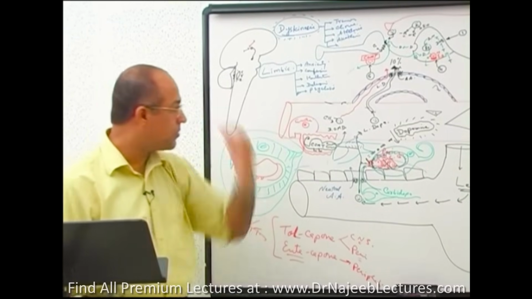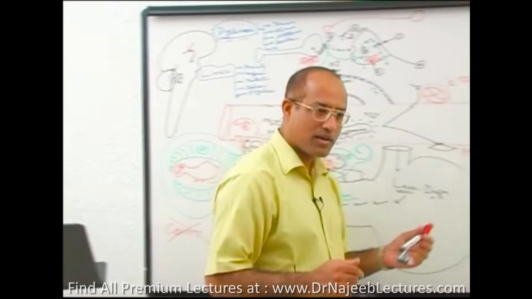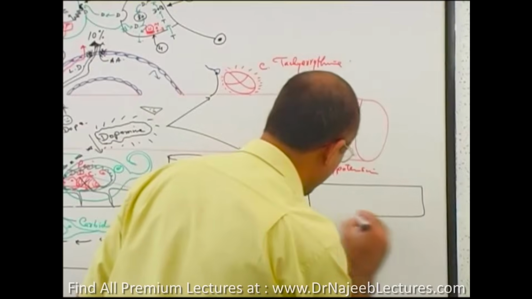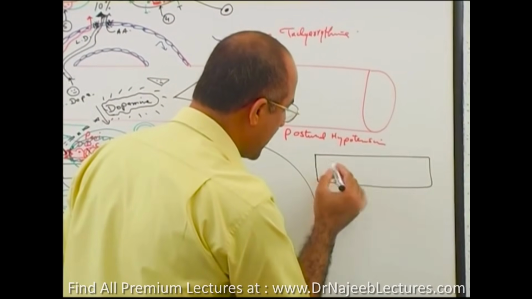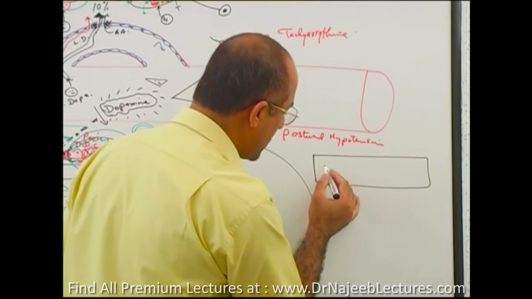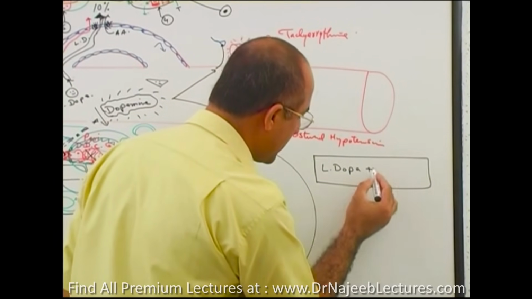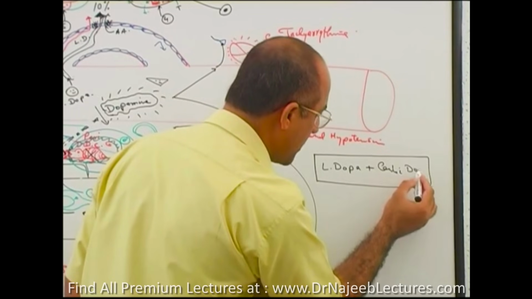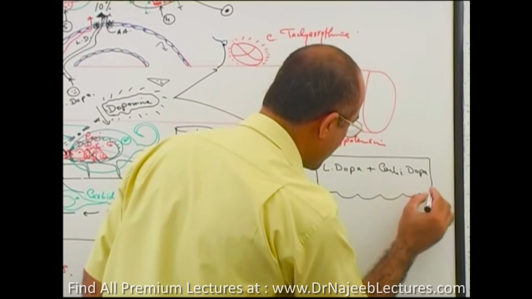Now, pharmaceutical companies are really clever, and it is good for the patient also, that they are producing combined tablets. Number one, a combination of levodopa with carbidopa. What is this combination called? Who will tell me?